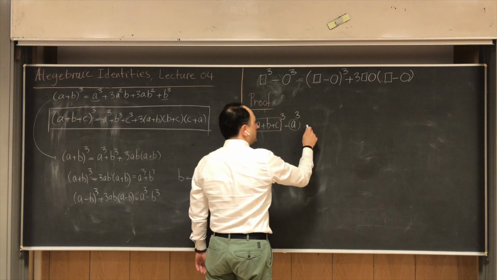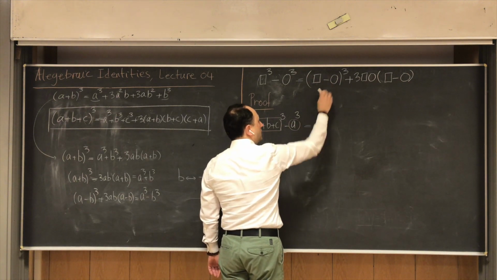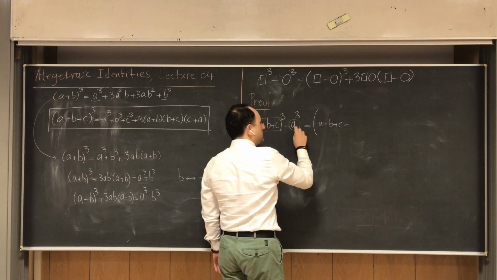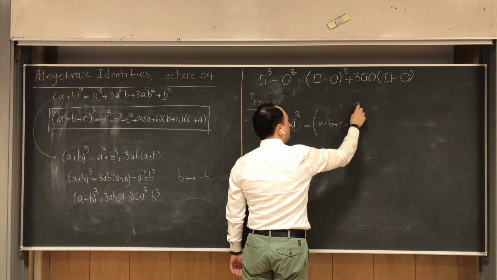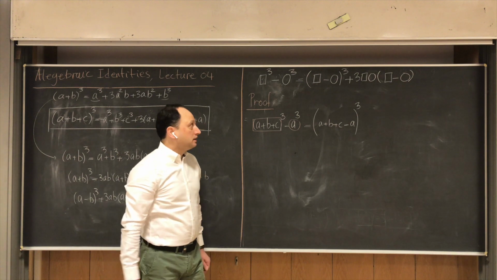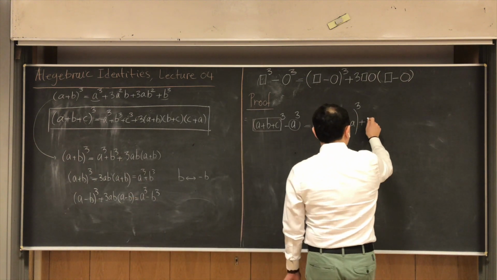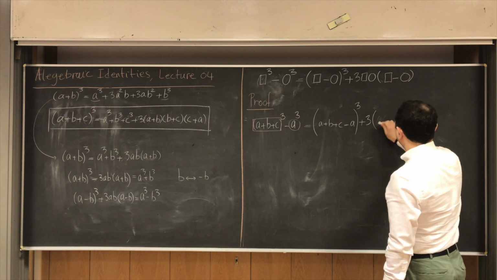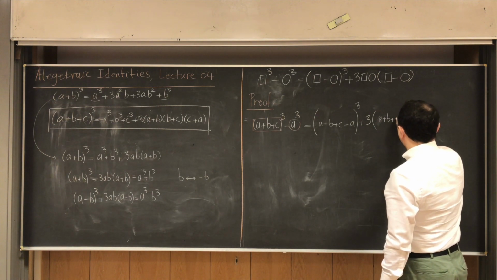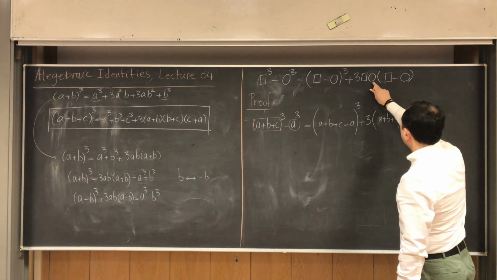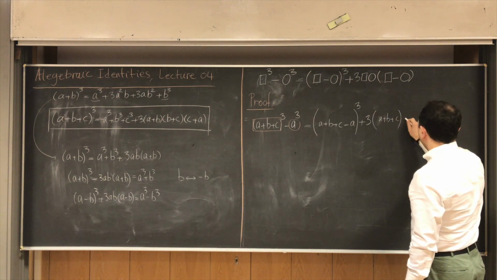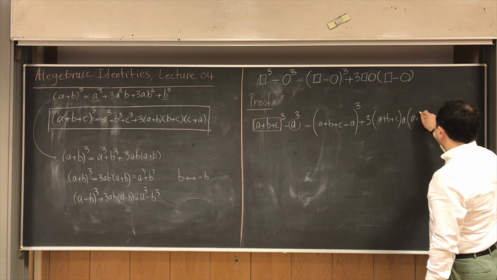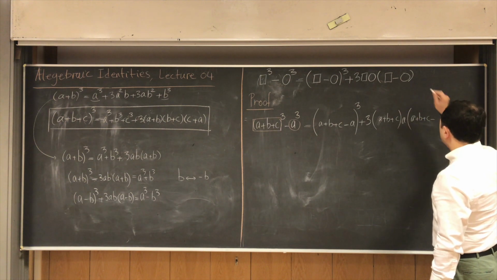So what will happen? This becomes equal to the box minus, box is a plus b plus c, minus a, totally to the power of 3. And then I have plus 3 times the box, which is a plus b plus c, times the circle, which is a, times the box minus the circle.